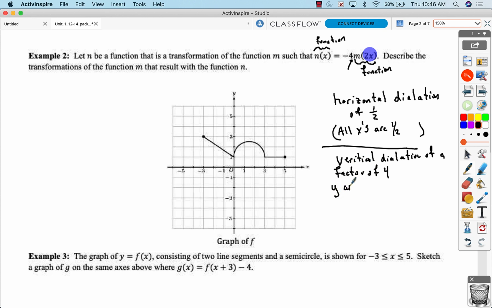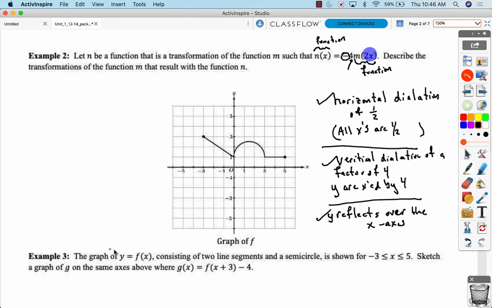So the y's are multiplied by 4. Now we'll take care of the negative. What the negative does, it reflects the y over the x-axis. So on paper, you'd want to write all of that. So this would be an example, okay?